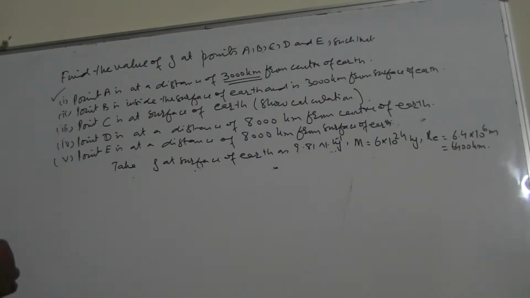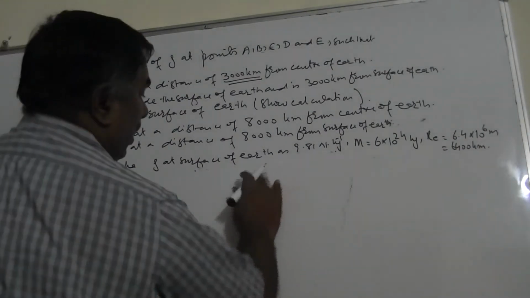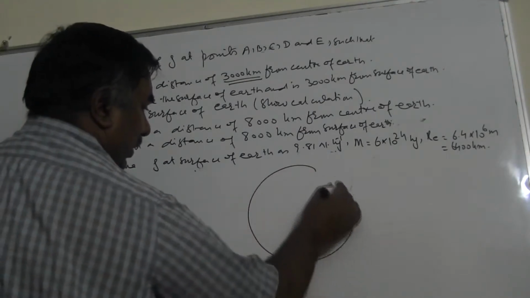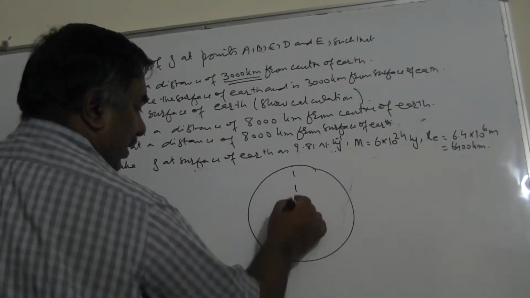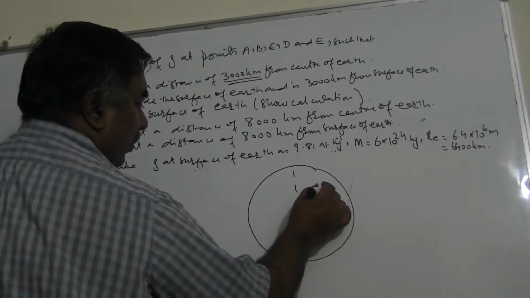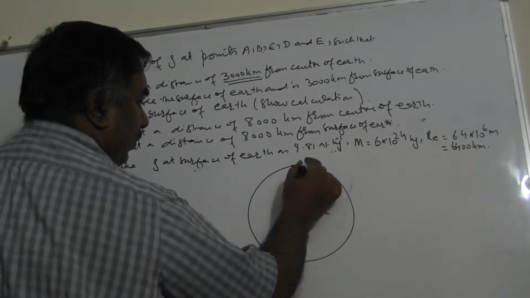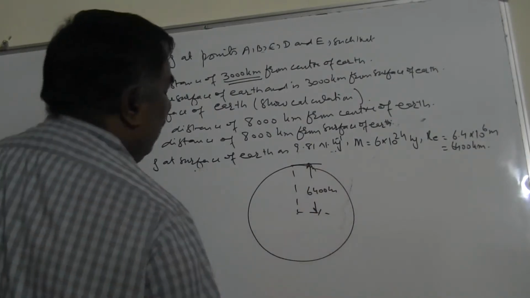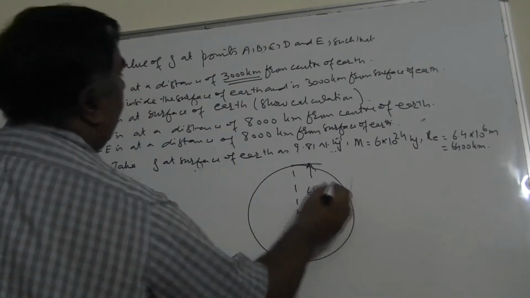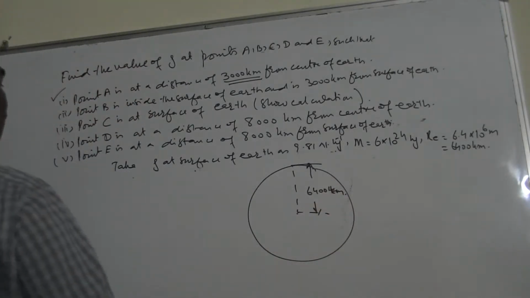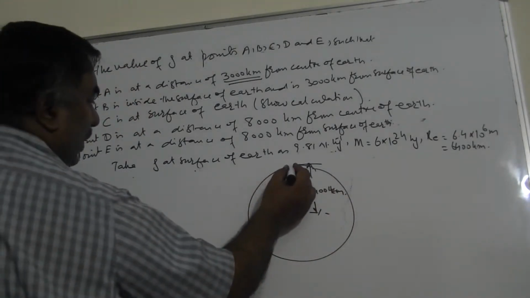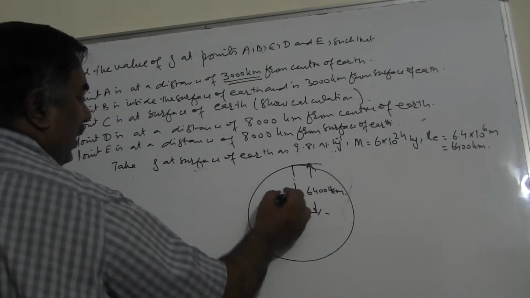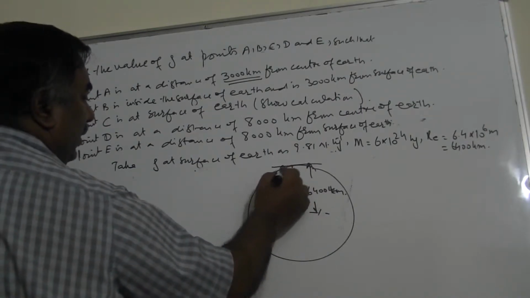Suppose he said point B is inside the surface of the Earth. What is the point we first look at? Let us see. The radius of Earth is 6,400 kilometers. He says point B is 3,000 kilometers inside the Earth from the surface. So this is 3,000 kilometers.